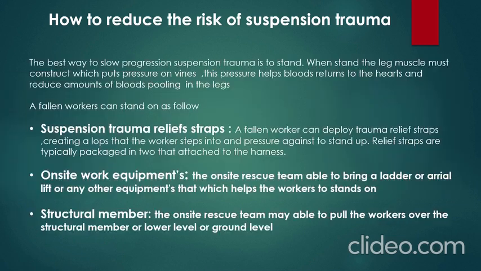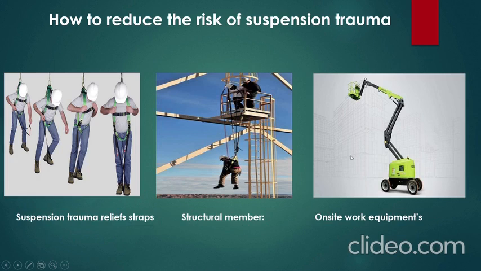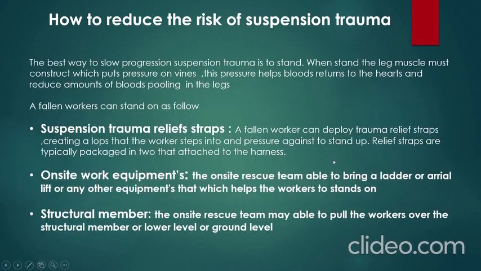Another way that we can reduce the risk is on-site work equipment. The on-site rescue team may be able to bring a ladder, aerial lift or any other equipment that helps the workers to stand on. We can use these aerial lifts, ladders and other equipment available on site to rescue the fallen workers.